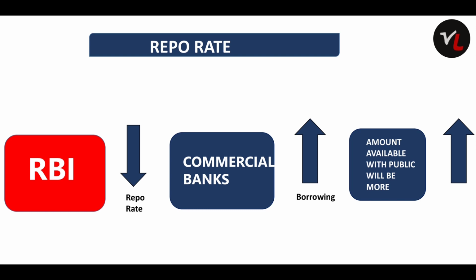Now in the economy, money supply gets increased. So this is the mechanism where RBI reduces the repo rate. The funds will be available for commercial banks to borrow from RBI, and subsequently these funds would be lent to the common people. Then money supply gets increased. So if RBI reduces the repo rate, money supply in the economy increases.